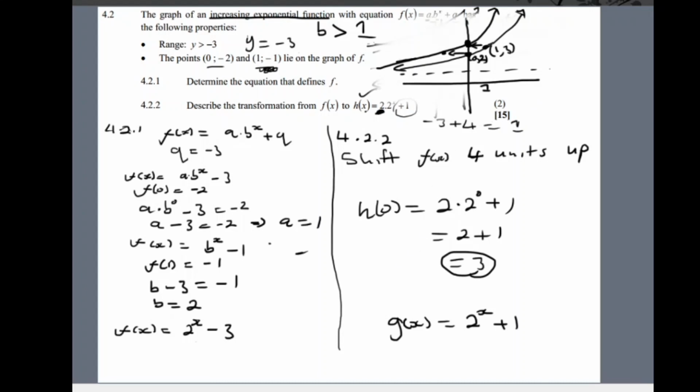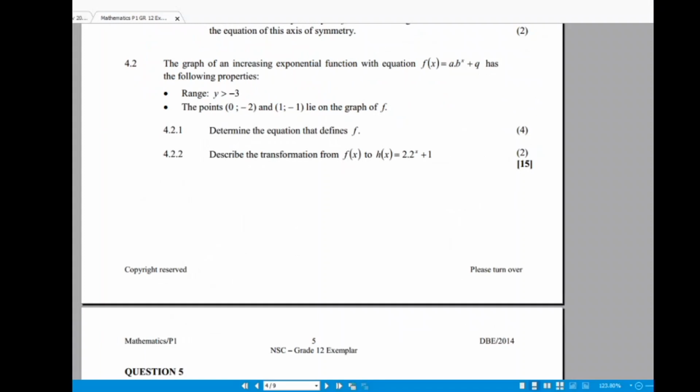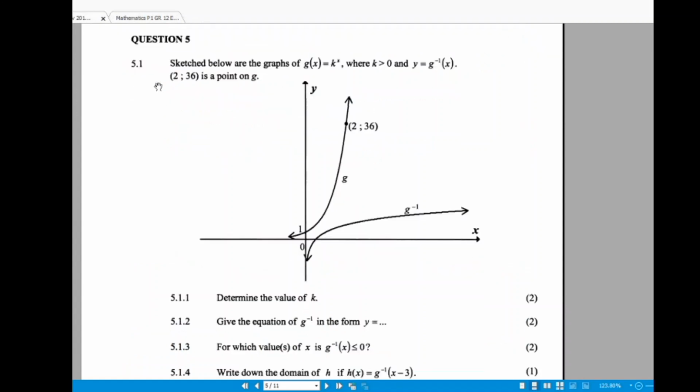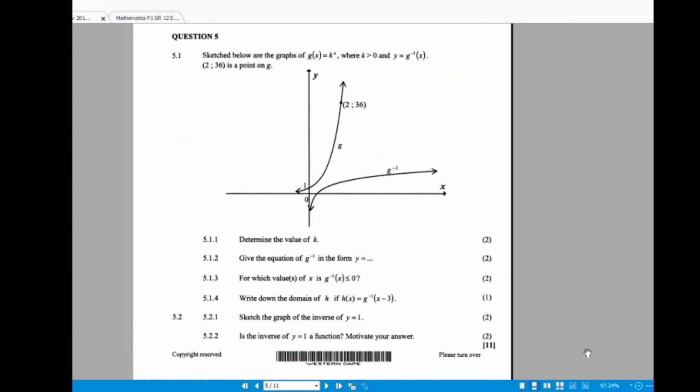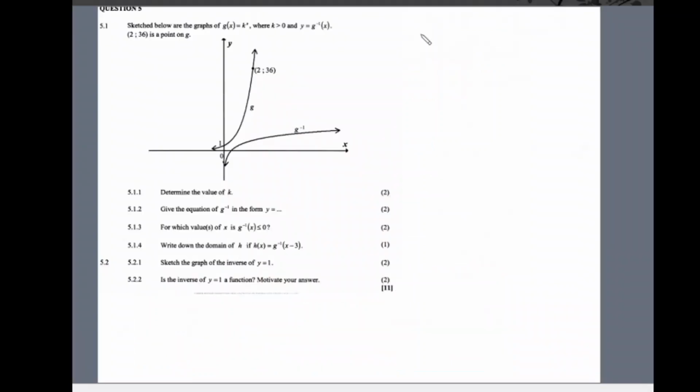Okay, let us go to question 5. Okay, question 5, we have a sketch below which is the graph of g equals to k to the power x, where k is greater than 0 and y is the inverse of g, and this point lies on the graph of g.